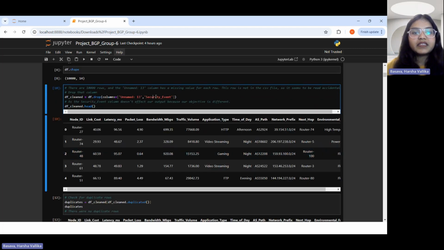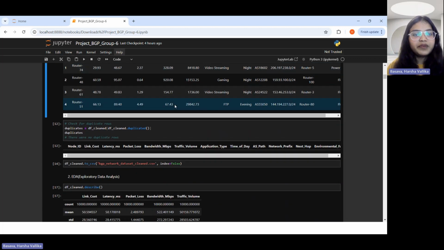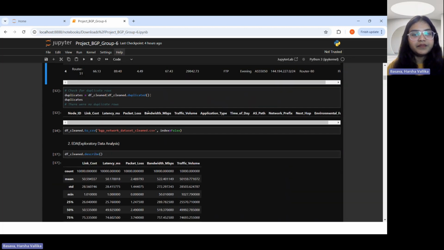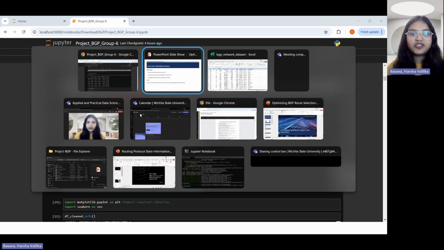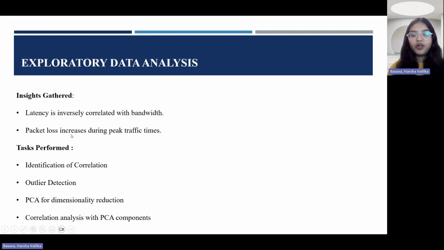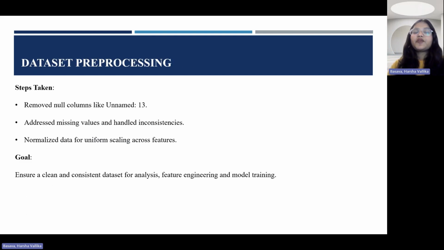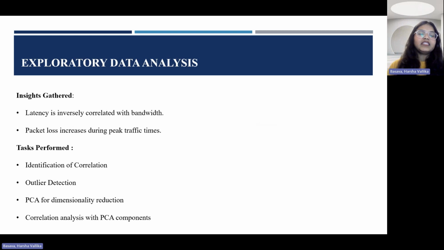As security event is something that doesn't add much value to our project, we have ignored that as well. We haven't considered that for further analysis. Moving forward, we have cleaned our data set. Our goal in this data set pre-processing was to ensure clean and consistent data for our further analysis. So let's begin with exploratory data analysis.